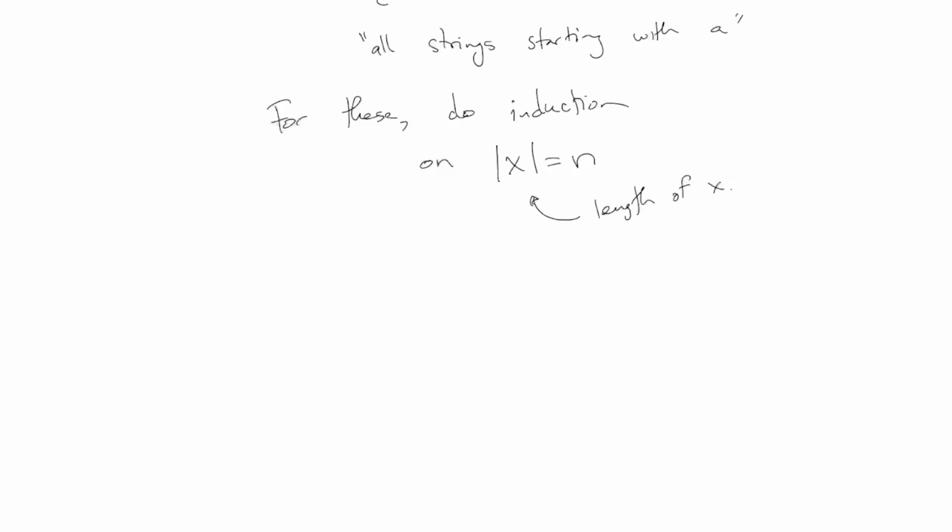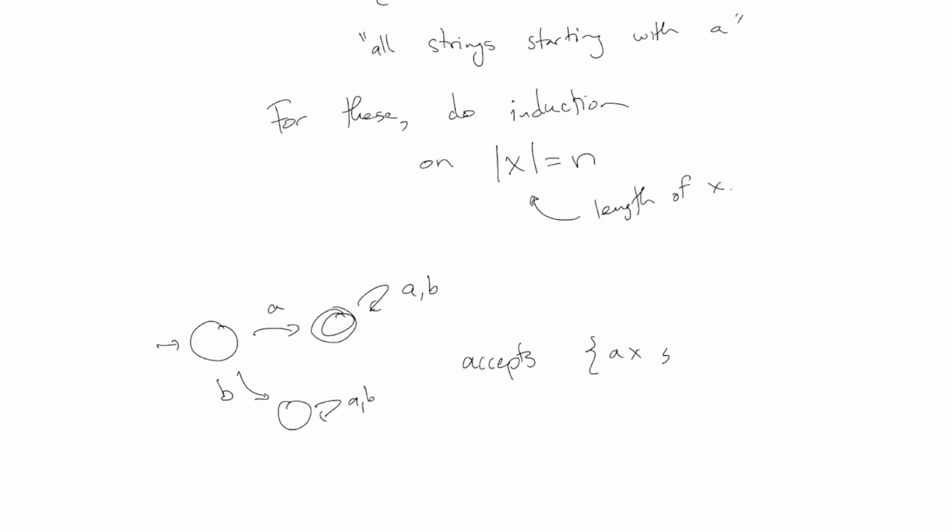Actually, this is exactly that language. This is a DFA which accepts any string that starts with A, and it rejects a string that starts with B. So here this accepts the set AX, where X is any string.